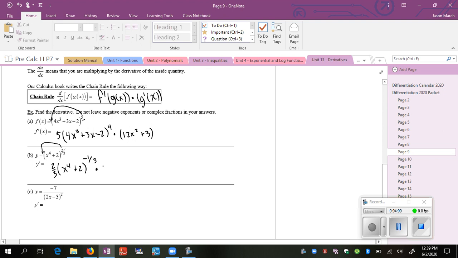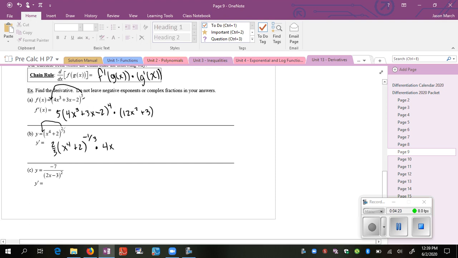So we're looking at times 4x. Parentheses are not as important for this one as they were for the previous one because the derivative of the stuff was a 2-term expression. Here it's just a 1-term expression. Again, we're just going to leave it like that. Other possibilities that you could see for an example like this is rewriting it in radical notation with positive exponents only.